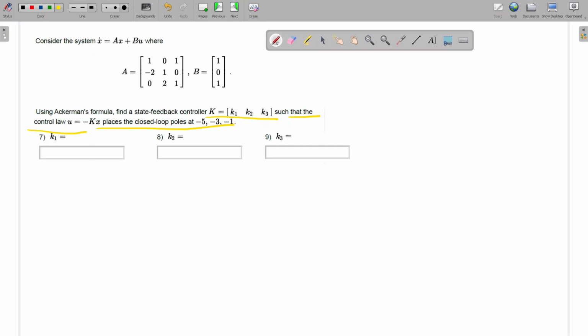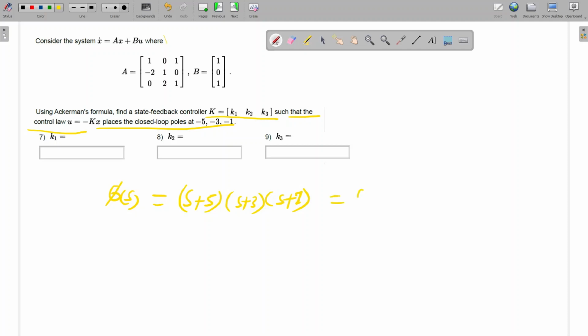So the rule is, I think you can find this in the video lecture, but I'm going to write the rule. First, for the given poles, minus 5, minus 3 and minus 1, we find a polynomial phi of s. Because here we have to place the poles, phi of s will be a kind of characteristic equation: (s plus 5)(s plus 3)(s plus 1).